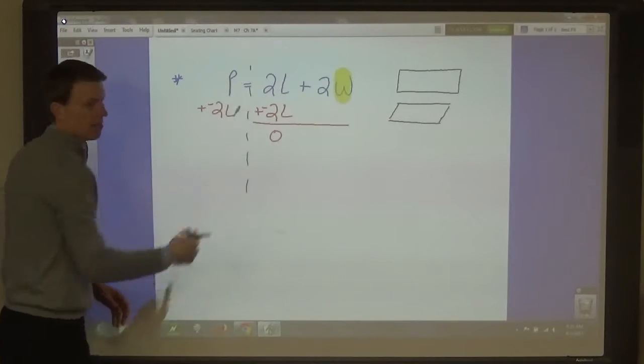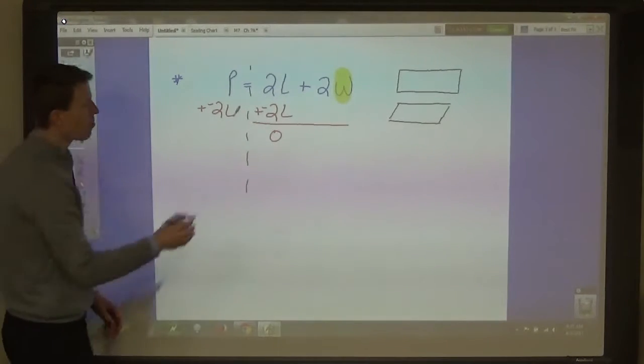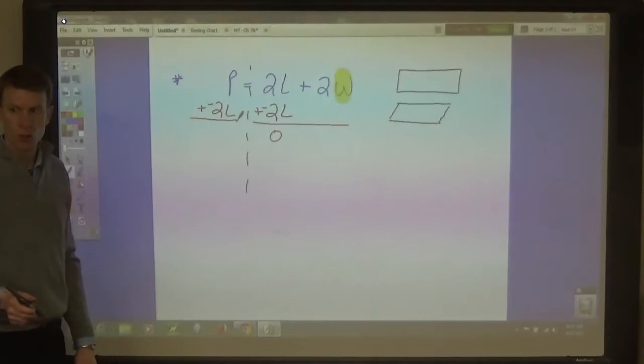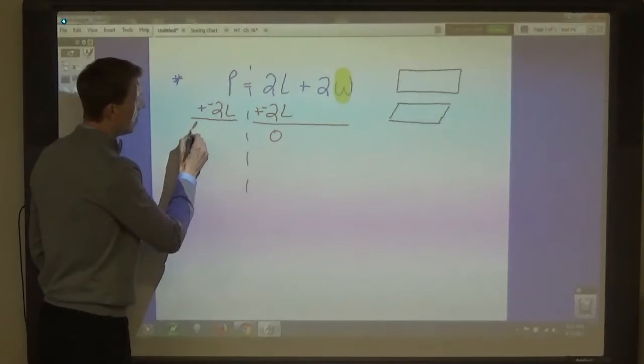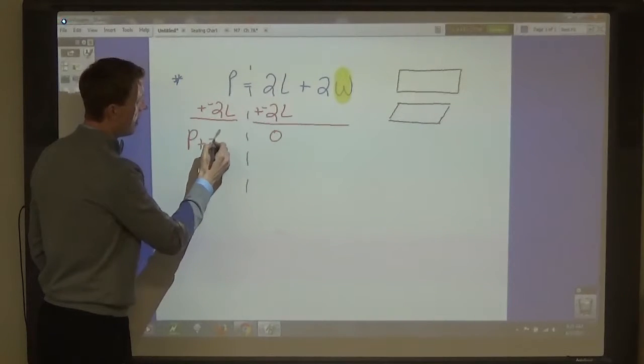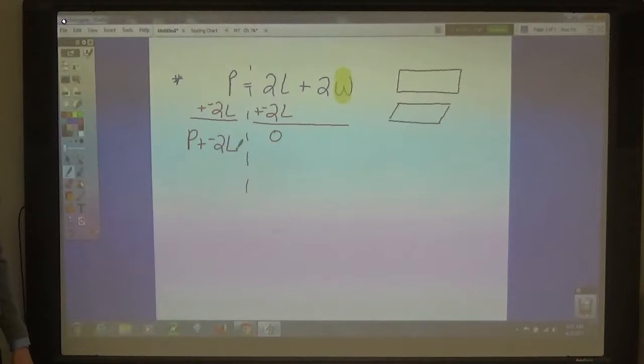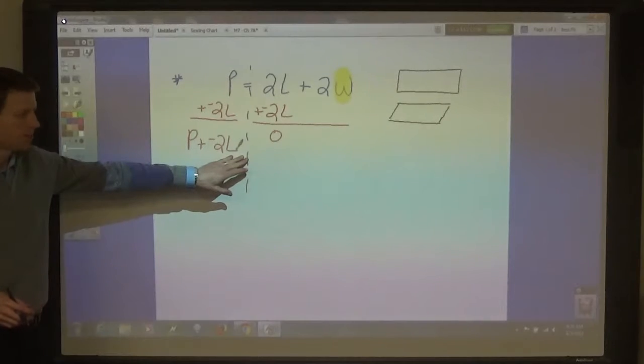Can we add these? No, they're not like terms. So far we have P plus negative 2L. We can't combine them at all because they're not like terms.